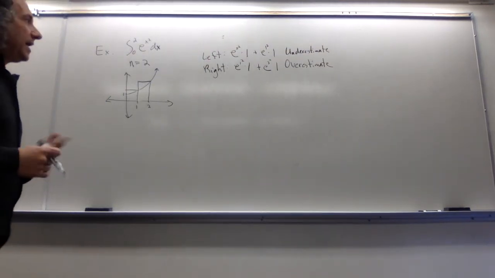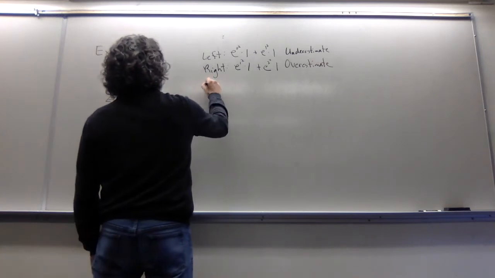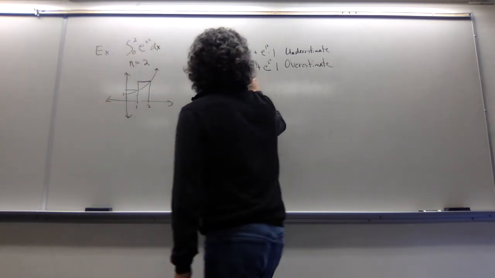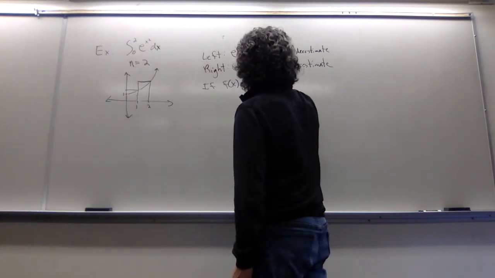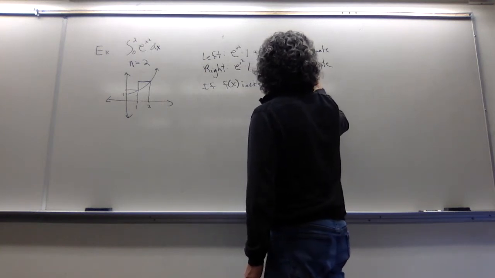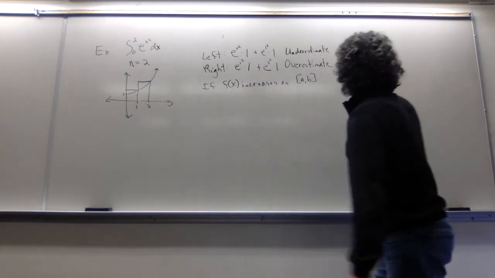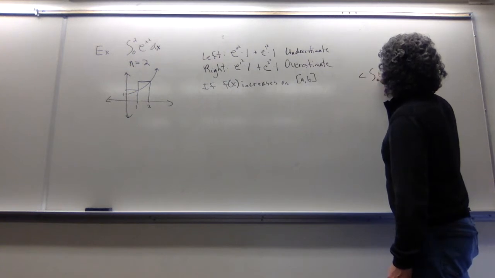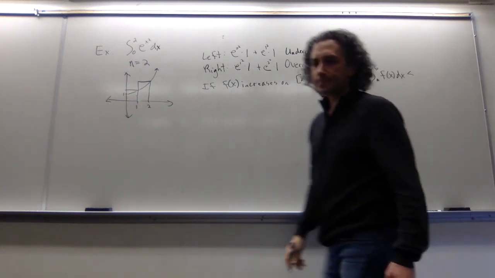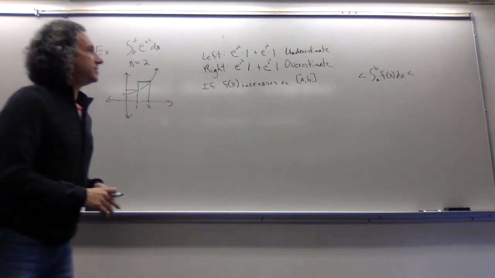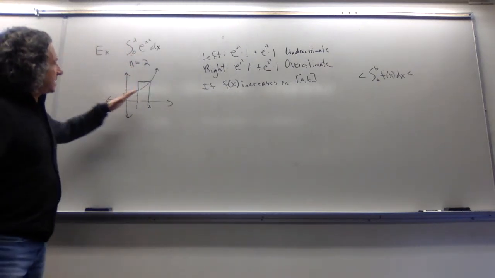So I guess then, if f of x increases on the interval a to b, then the integral from a to b of f of x dx is going to be as follows. So let's see, this guy's increasing.